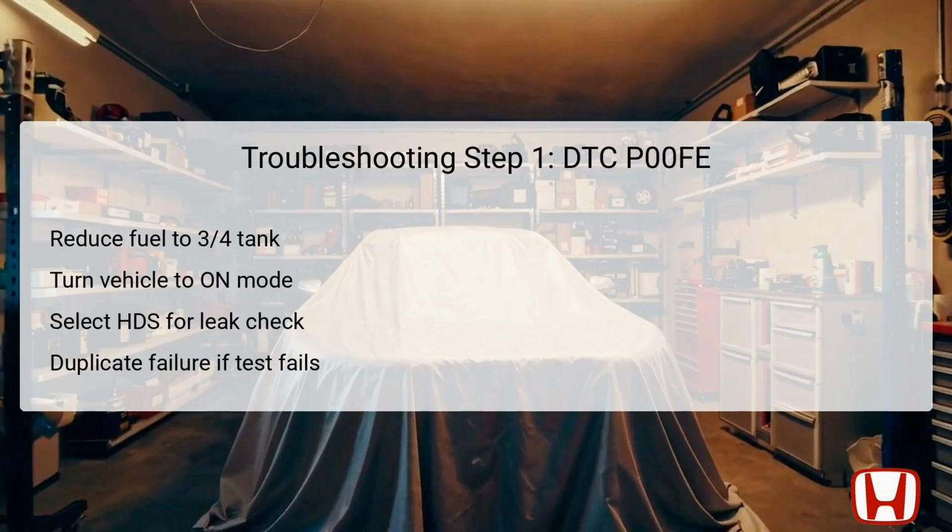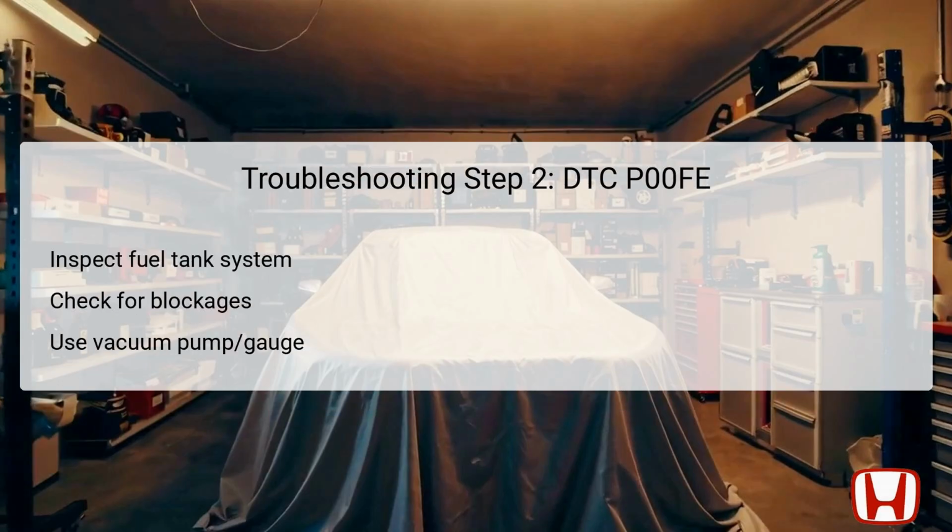The next step involves using the Honda Diagnostic System, HDS, to run the EVAP leak check module test. If the test results indicate any abnormalities, or if the result is not okay, this effectively duplicates the failure condition recorded by the PCM. Identifying the problem in this preliminary phase streamlines the diagnostic process and provides a clear direction for further inspections.